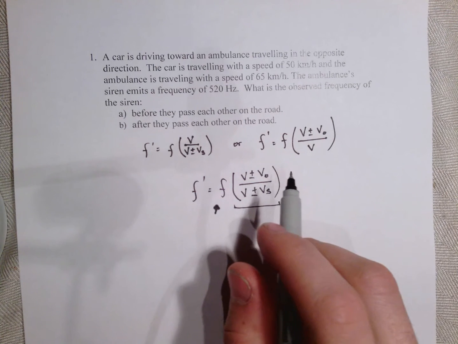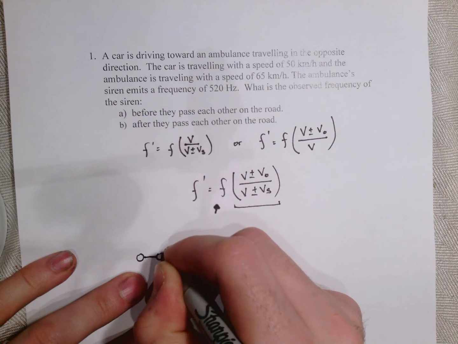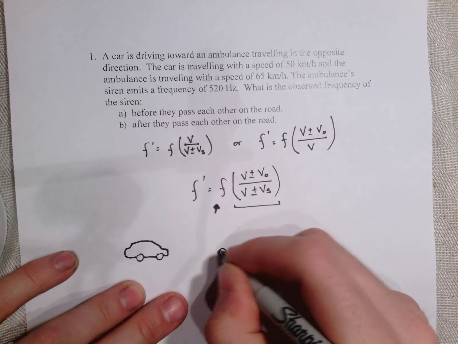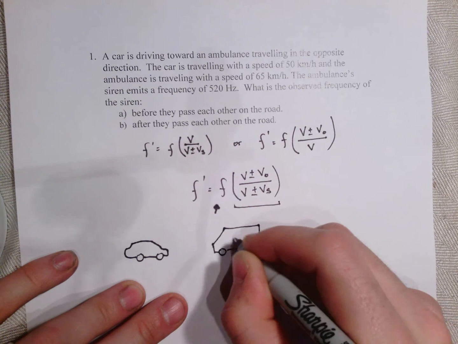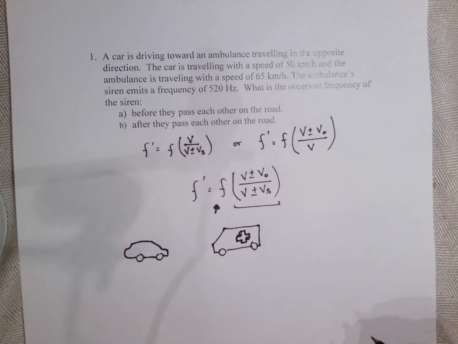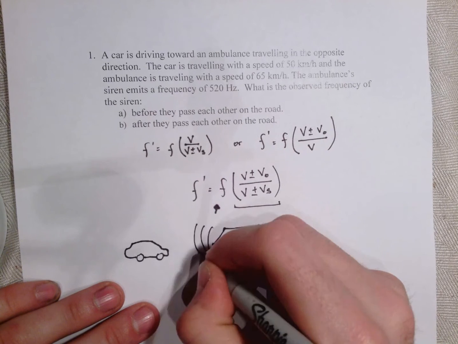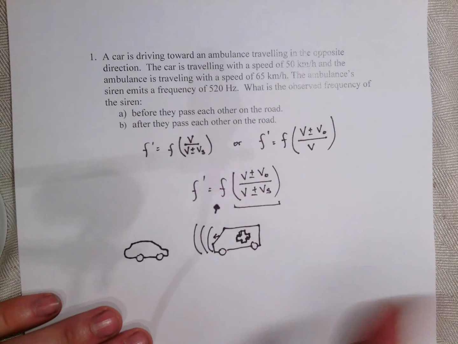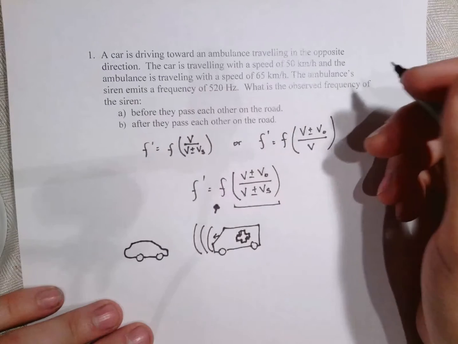So in this case, we have two cars driving towards each other. So if I have one vehicle, and I have an ambulance, and they're driving towards each other, what's going to happen is as the ambulance emits its siren, it is also moving forward, and those waves are going to stack up because every time it emits a wave, the next wave it emits, it's actually moved towards the previously emitted wave.